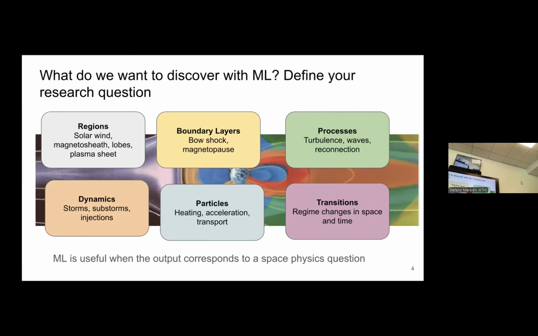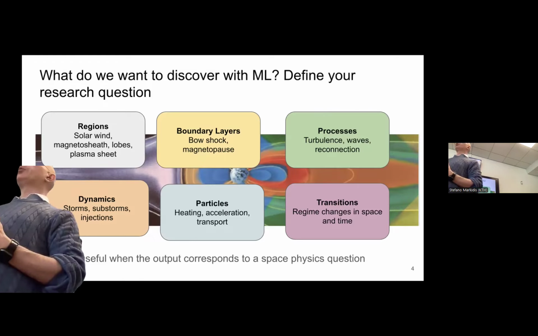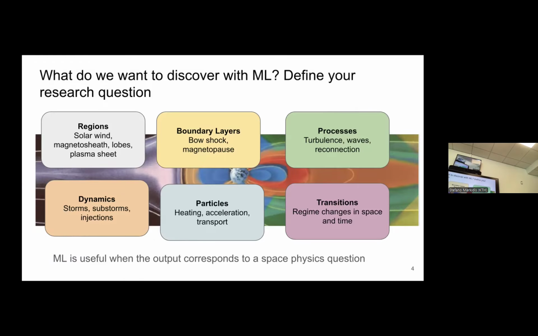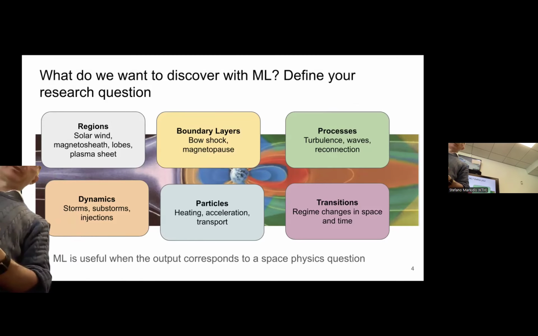As a scientist, you might want to study where it is coming from, how this transition is evolving in time. Your research question might be a simple phenomenon, like magnetic reconnection. What is my field? Magnetic reconnection, wave-particle interaction, turbulence. It might be the dynamics, storms, substorm injection.